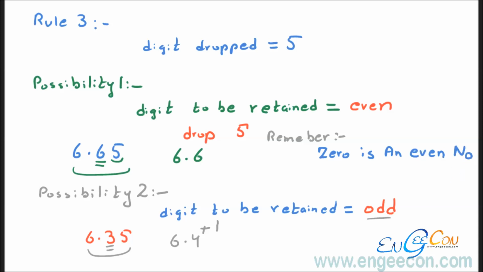For example, if we have 4.05, as 0 is an even number, it can be rounded off as 4.0. Just drop 5 and get the two significant figures.